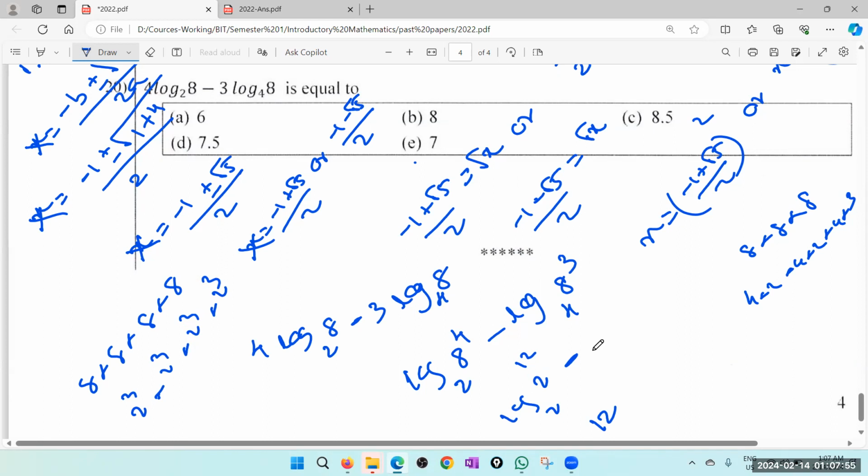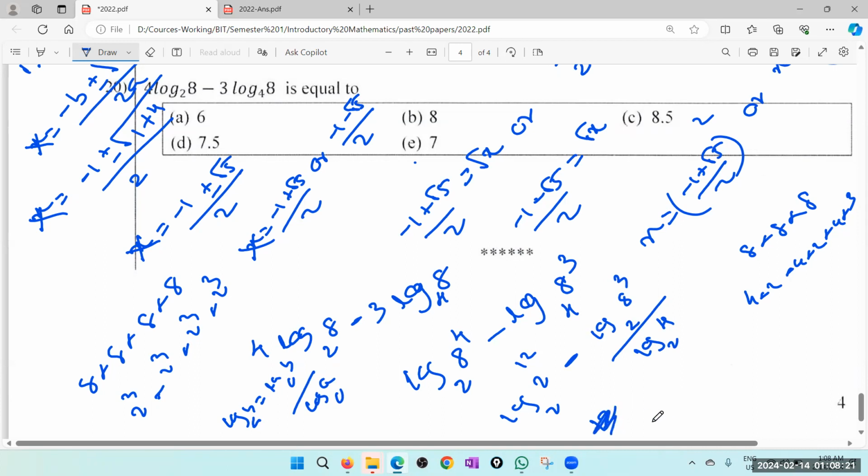Maybe I can try log A B is log C B divided by log C A. So then it will be log 2 of 8 to the power 3 divided by log 2 of 4.